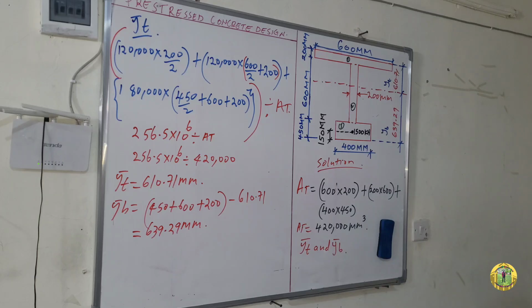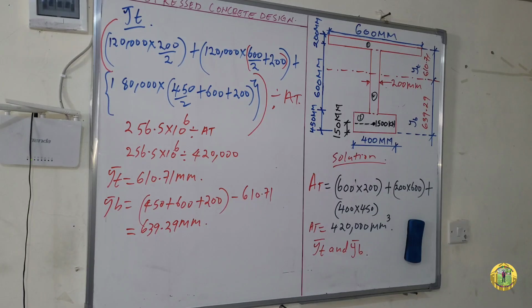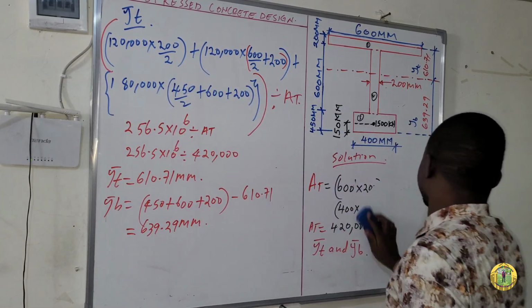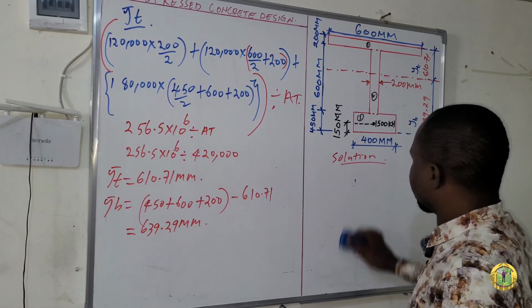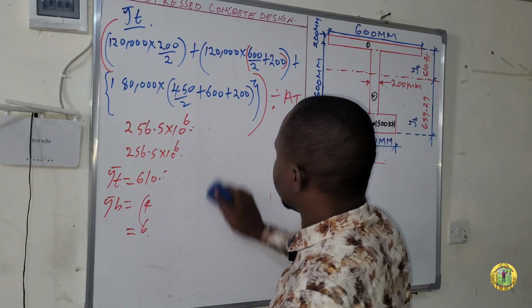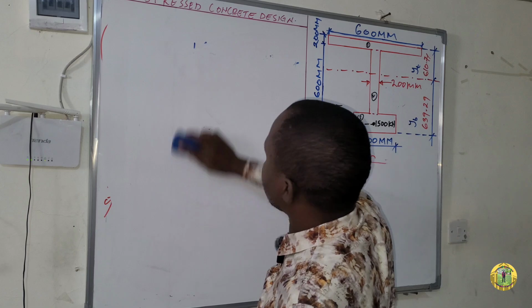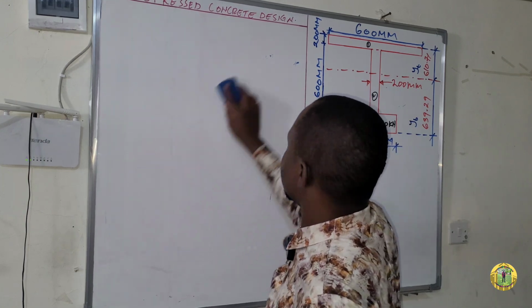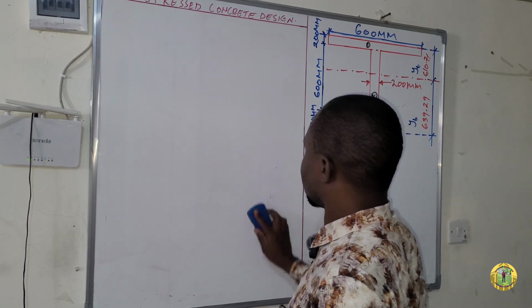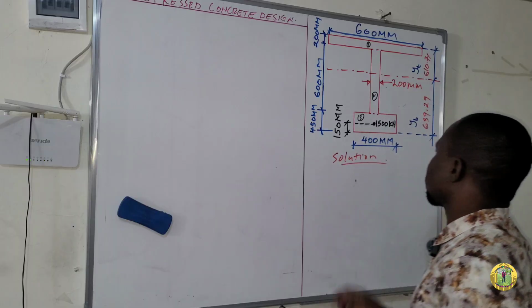So let's now proceed to the second moment of area. So allow me to clean here so that we can continue with our question. So I will start from here.